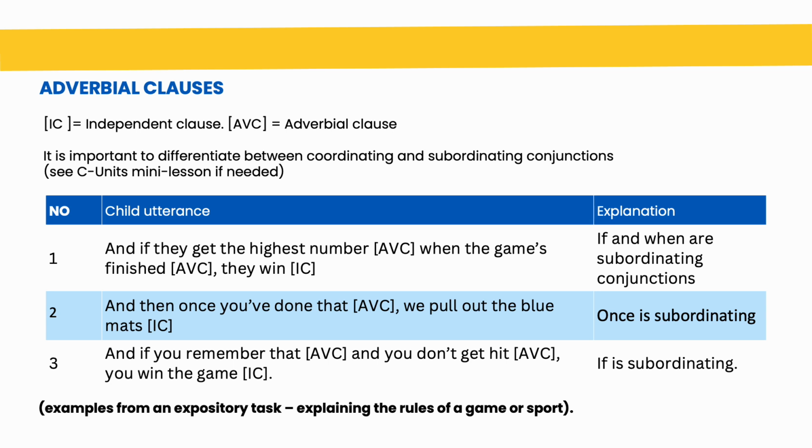So let's look at adverbial clauses. To identify adverbial clauses, it's really important that you can differentiate between coordinating and subordinating conjunctions. Once again, if you need a refresher, just go to the mini lesson about C units. This child said, and if they get the highest number when the game's finished, they win.